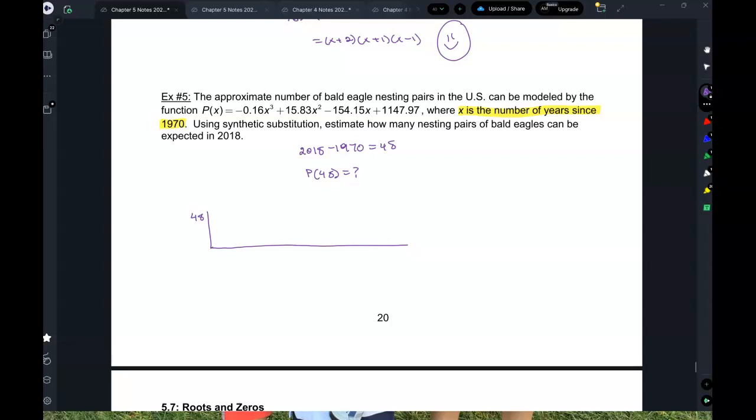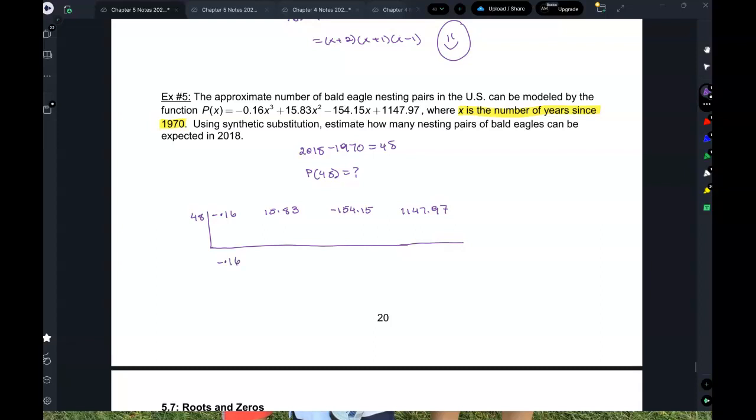No, because if you want p of 48, it'll be 48. The factor would have been x minus 48. Okay? Yeah. So the coefficients here are -0.16, 15.83, -154.15, 1147.97. Okay, so go ahead and take out your calculators.